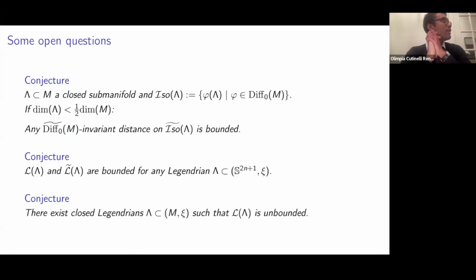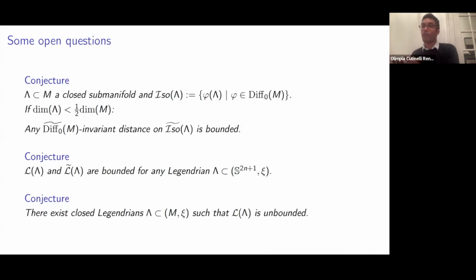No. I think there are really unbounded distances that are not equivalent. I don't know if it answers the question, but I have examples of unbounded distances, not on the space of Legendrians, but on contactomorphisms, such that one of them is unbounded when you look at iterations of the Reeb flow, but the other one is unbounded for a completely different reason.